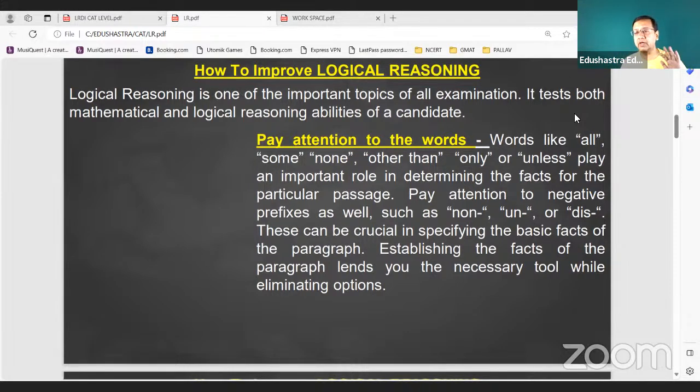So if you are having some words like all, some, none, only, unless, just try to understand the meaning and the uses of these words. And if you are having some words like non, un, these words are typically used for what? For some negative sense, for no information. So just try to understand the uses of the words when you're solving the question.